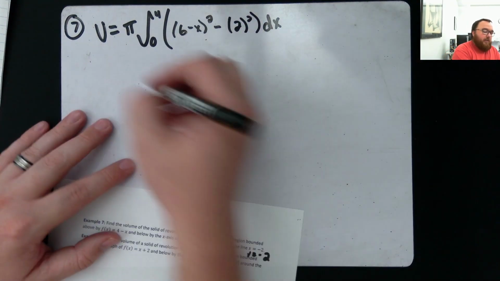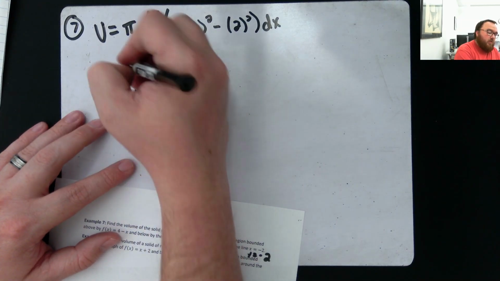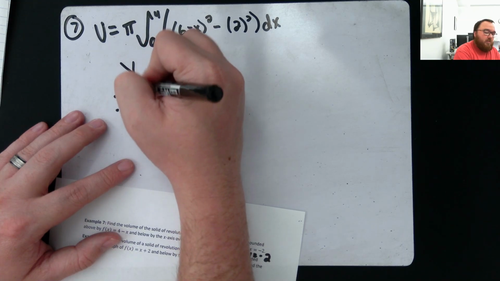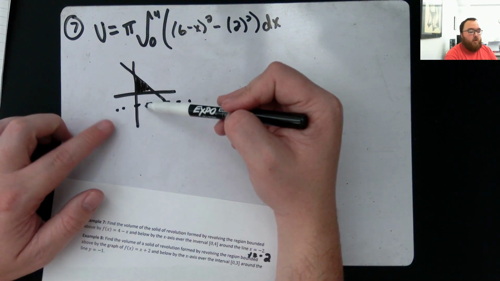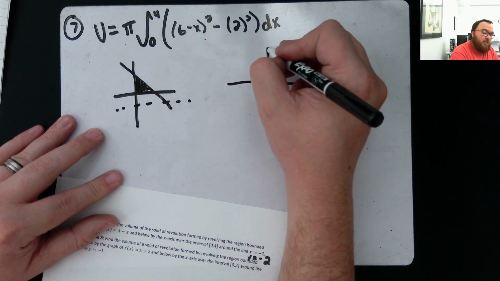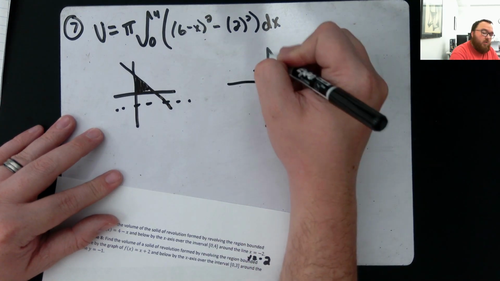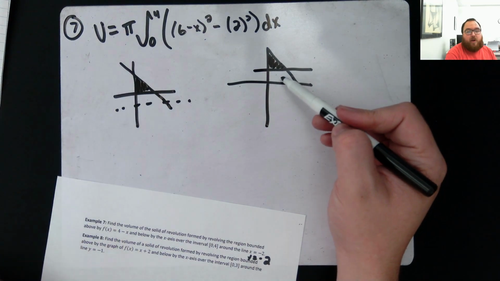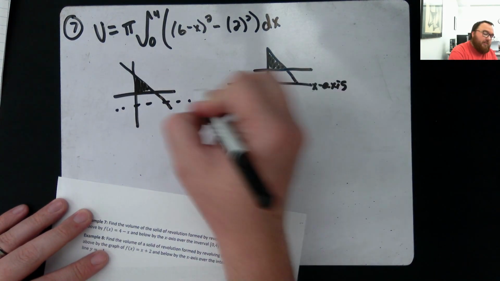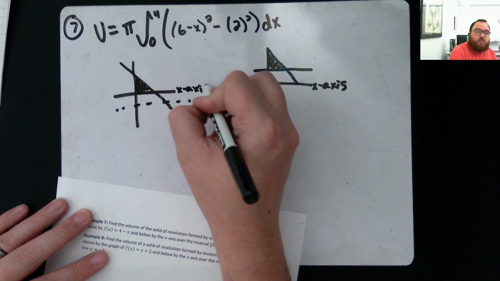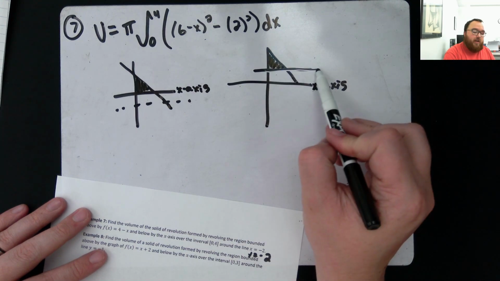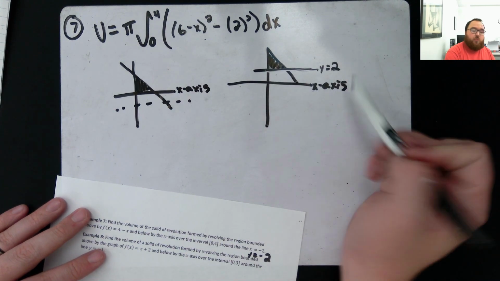Again, because it was originally like this, but I want to move it up 2 places, so now it's going to look like this, where there's a gap right here. This is the x-axis here. I'm moving it up, and this horizontal line right here is at y equals 2.